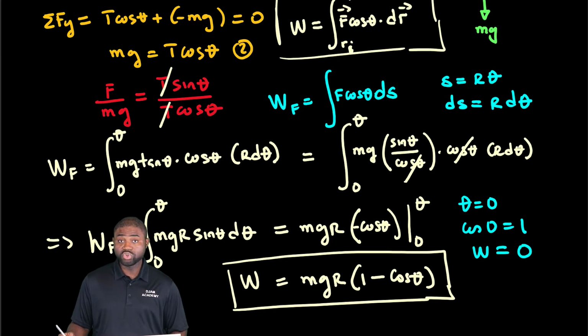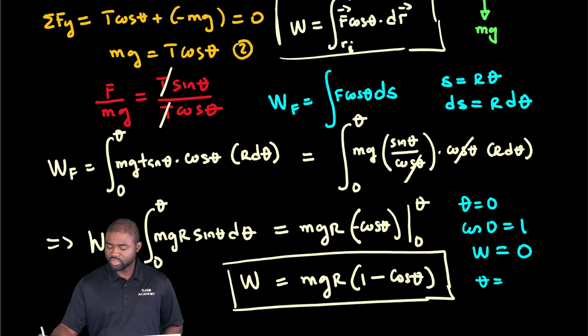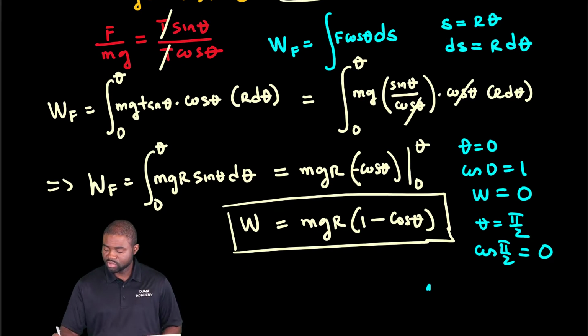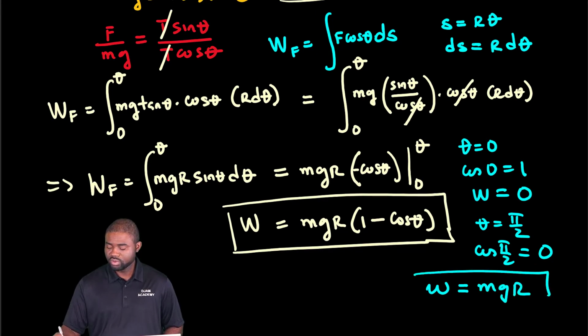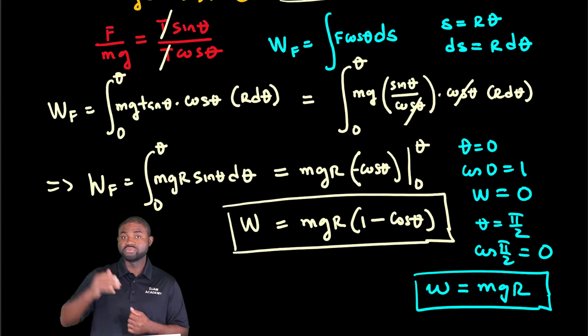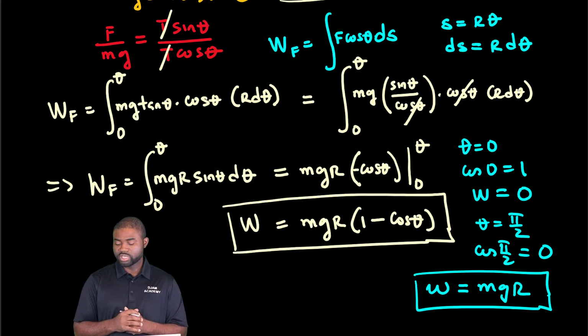So when theta is 0, no work is done on Audrey by the force, because there is literally no displacement. But when theta is equal to pi over 2, cosine of pi over 2 is equal to 0, in which case the work done will be equal to mgr. This is equivalent to the work done in lifting an object from the ground to a height of r above the ground by gravity.